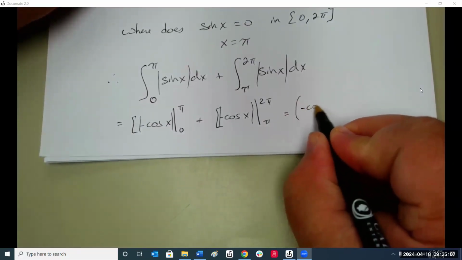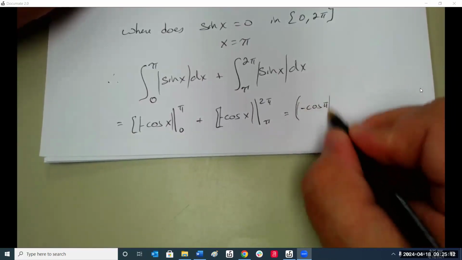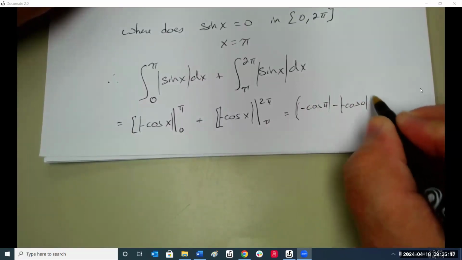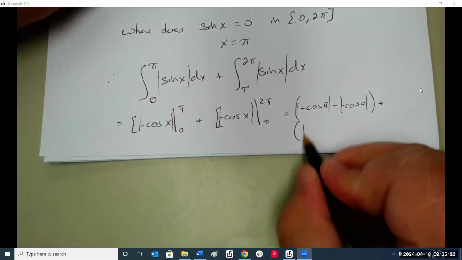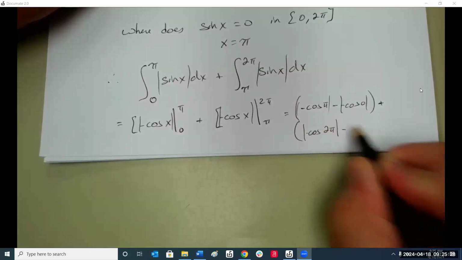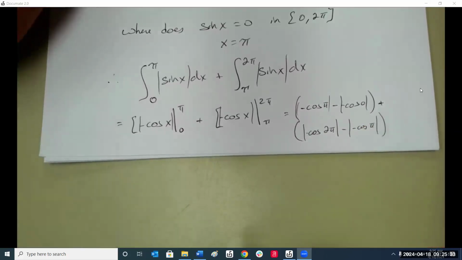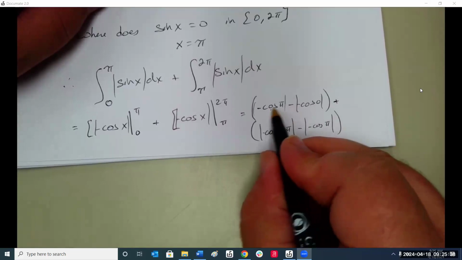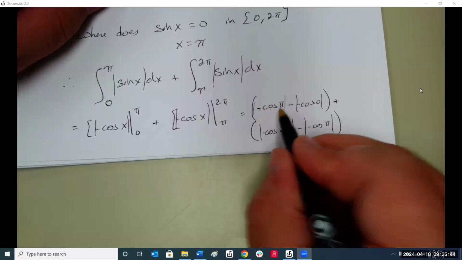So we get negative cosine at pi minus negative cosine at 0, plus negative cosine at 2 pi minus negative cosine at pi. So cosine at pi is -1, negative of that is 1, absolute value becomes 1.